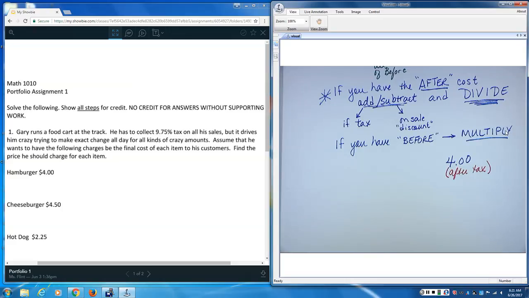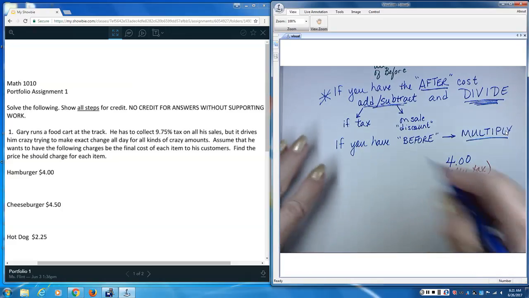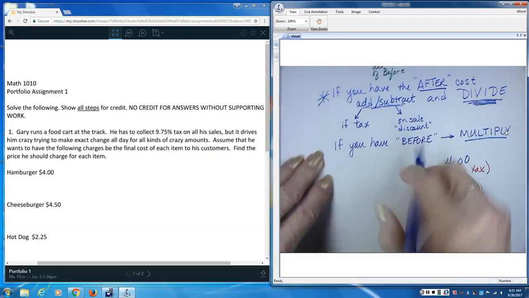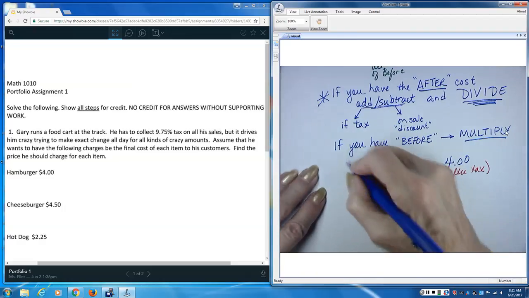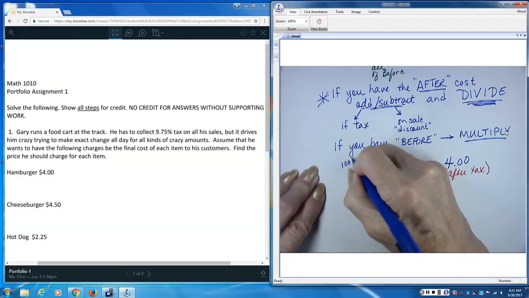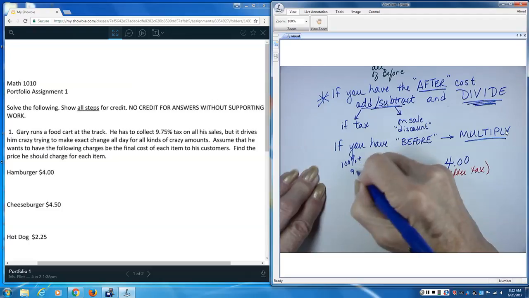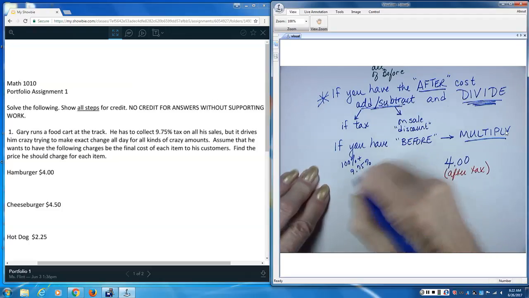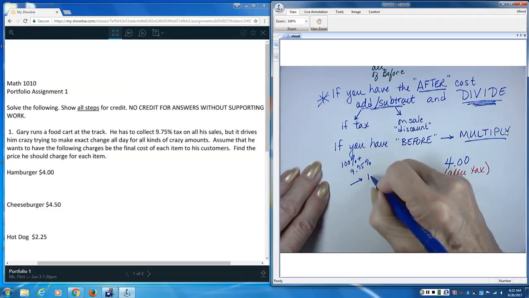I know they're going to take the sale price, which is X, and add 100% to 9.75%, and eventually get a decimal number.